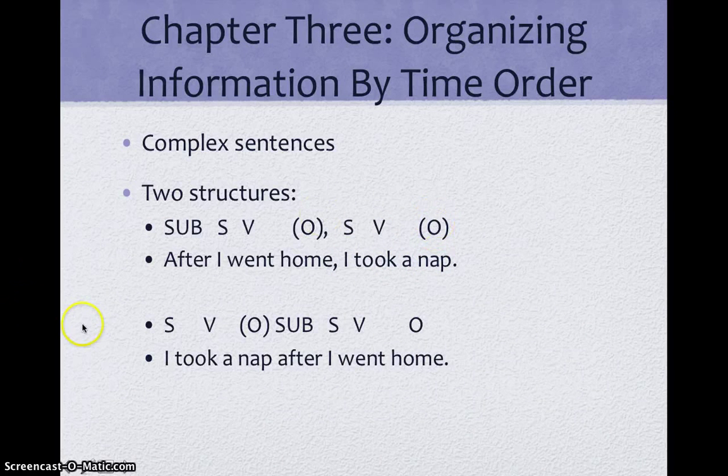The second structure we talked about had our independent clause at the beginning of the sentence. So, I, the subject, took the verb, a nap, the object, then our subordinating conjunction with no comma. So this is unlike structure number 1. I, the subject, went, the verb, and home is our object.